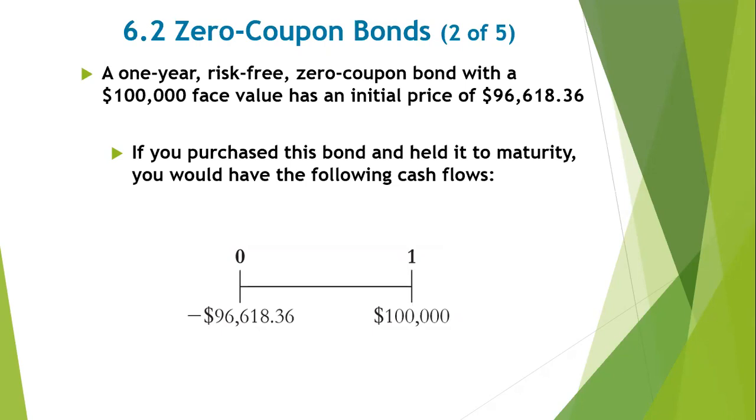Therefore, zero coupon bonds are always traded at a discount. It signifies a price below the face value, and they are also referred to as pure discount bonds or discount bonds.